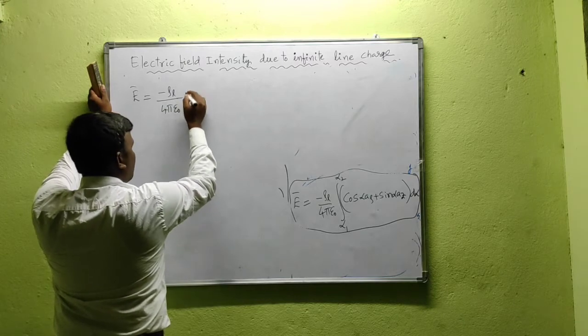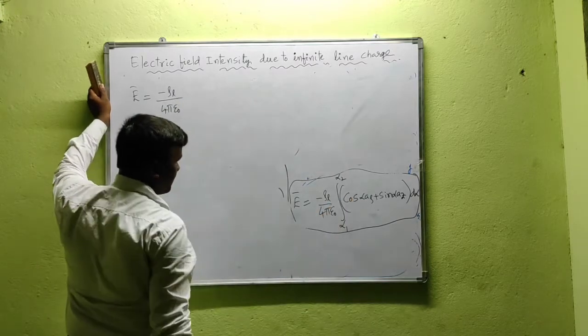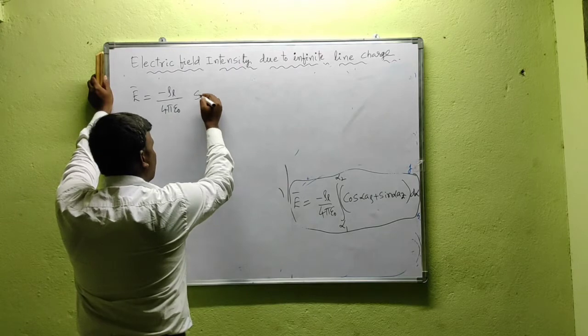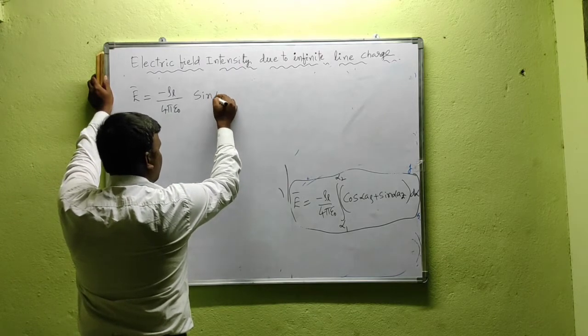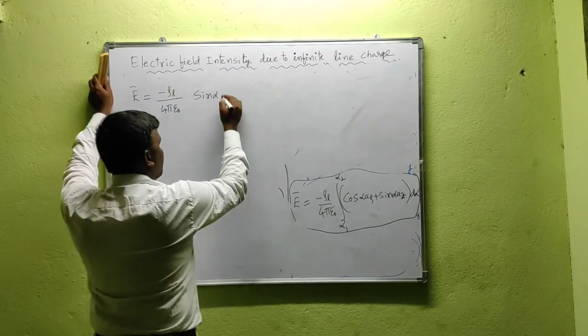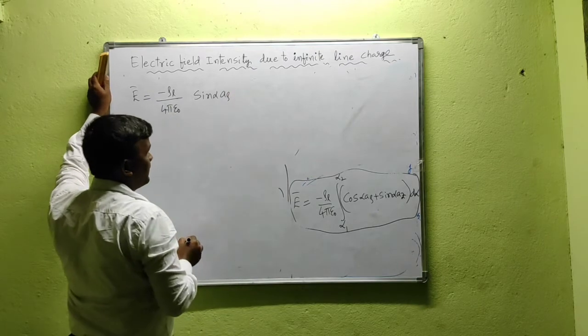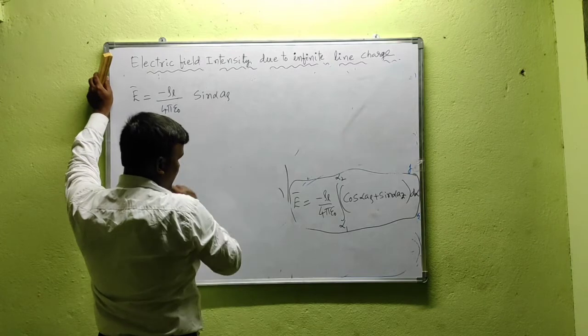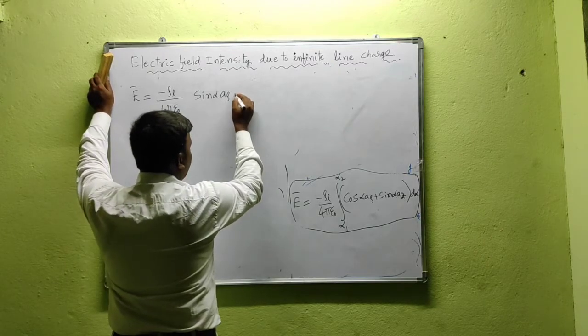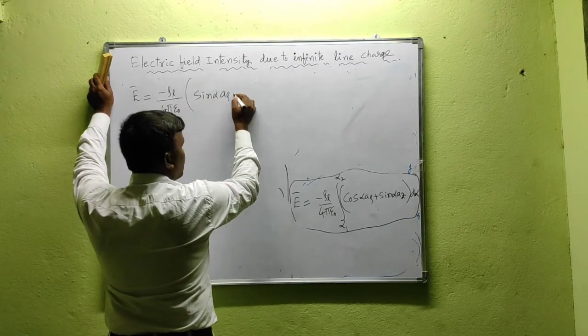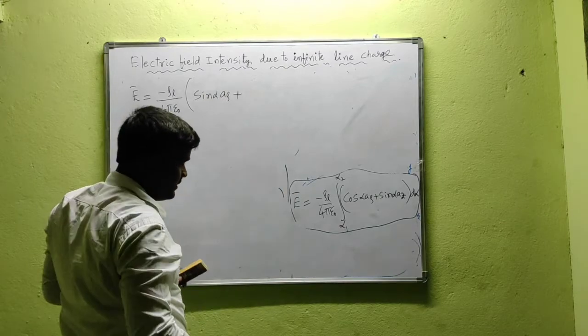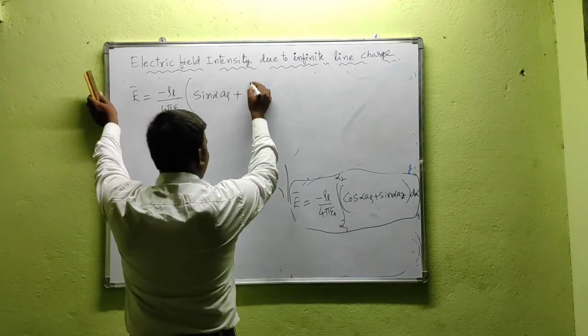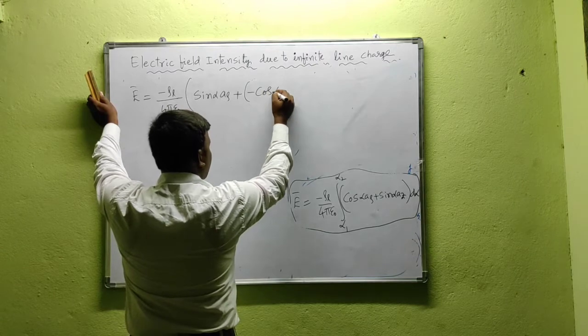Now perform the integration. Integration of cos alpha is sin alpha into a rho. Limits are from alpha 1 to alpha 2. And integral sin alpha is minus cos alpha.